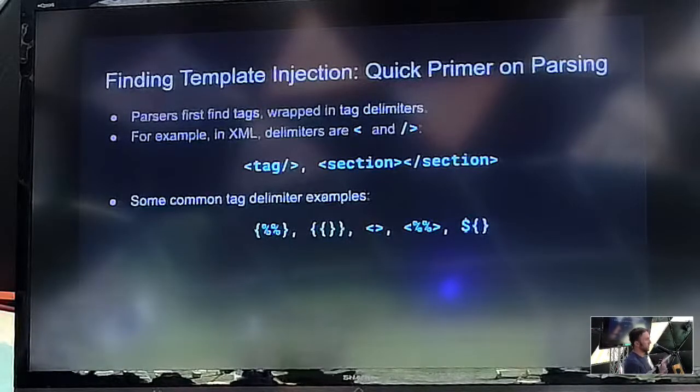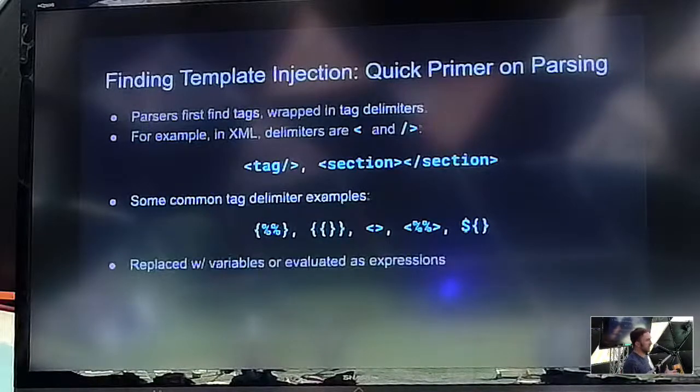It looks for the start and end of each tag and pulls out all of the different tags from that template. Then it takes each tag that it finds and replaces it with text, or in some cases a variable, or a function call, or in the prior examples, it will evaluate the content of it, which is not great.